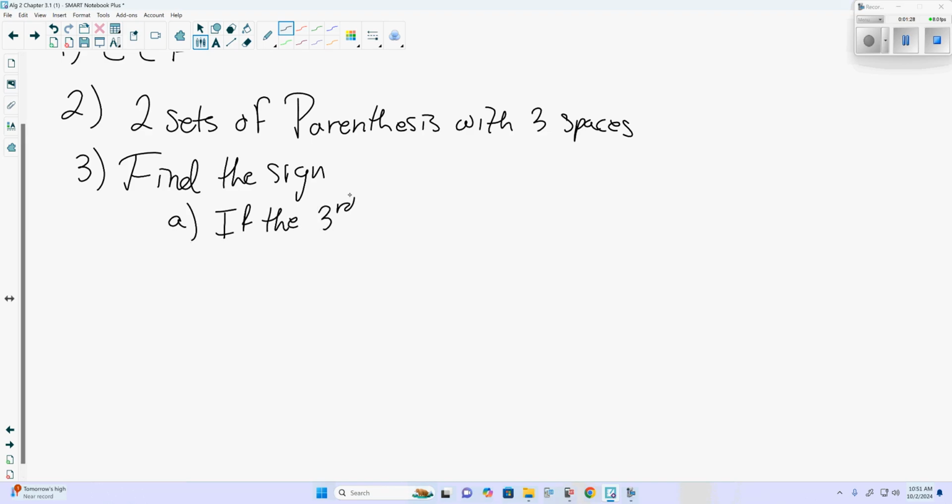If the third term is positive, then the signs are the same and match the sign of the middle term.